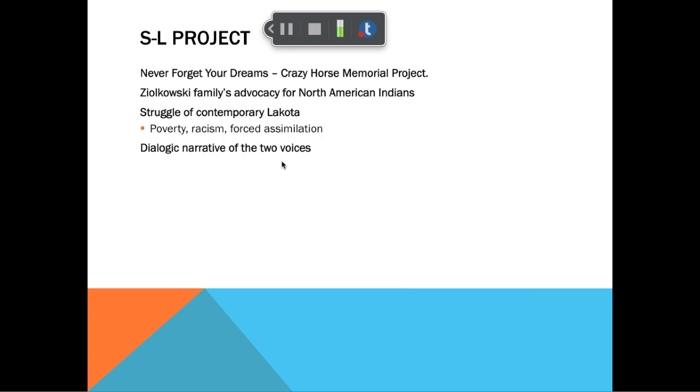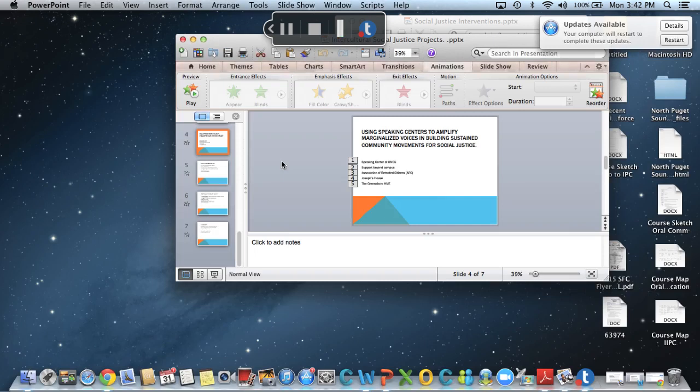And there's a focus in this relationship, a dialogic narrative of two separate voices. So in that dialogic narrative, there's a kind of enactment of taking the perspective of the other and also advocating for a position. Again, those are what we would call dialogic communication, and we have a lot of research on dialogic communication.